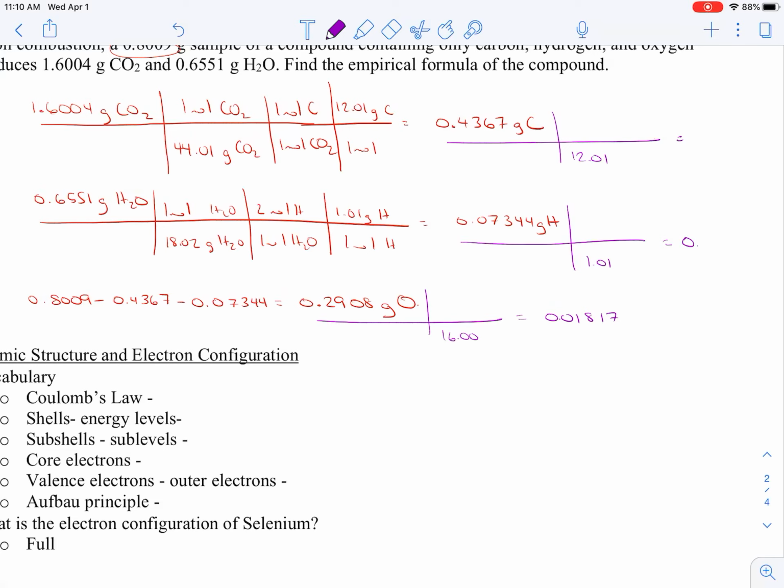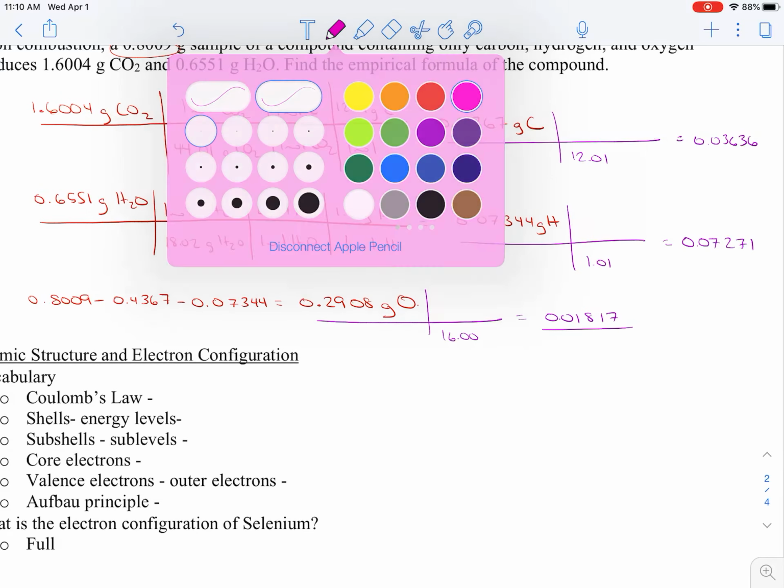This one we got 0.07271, and then 0.4367 divided by 12.01, and we get 0.03636. Divide each of them by the smallest one.